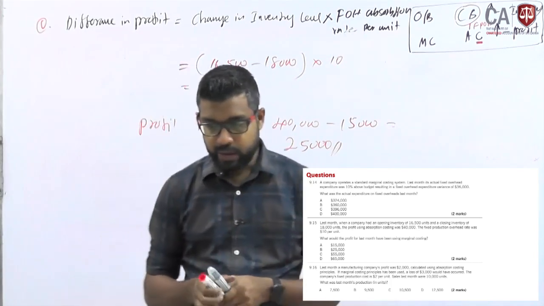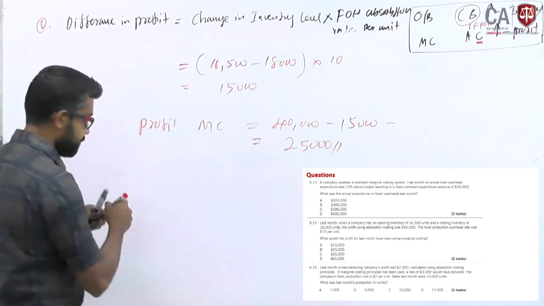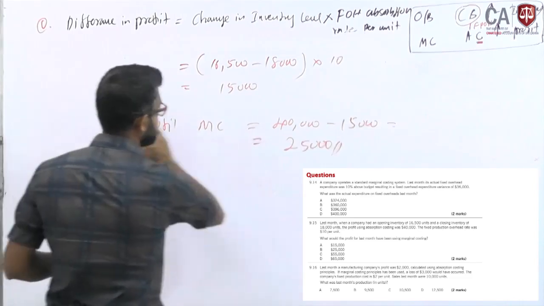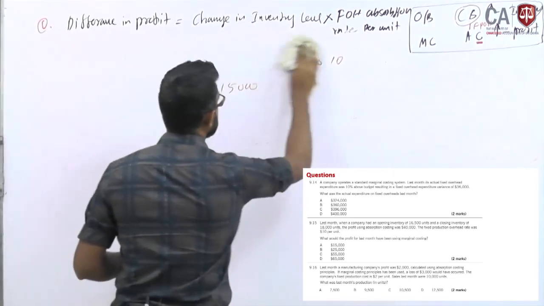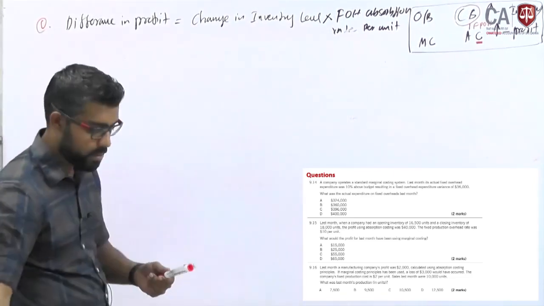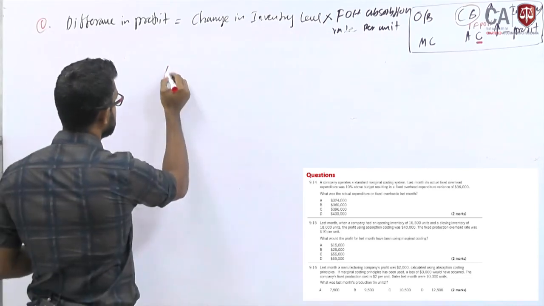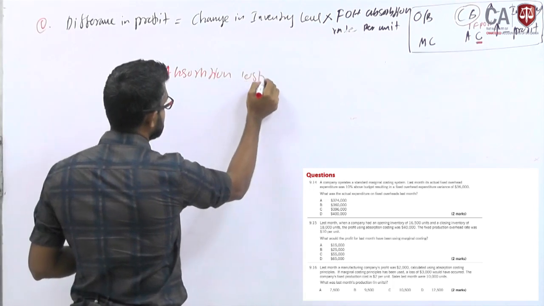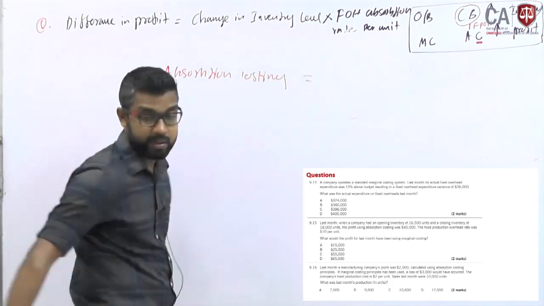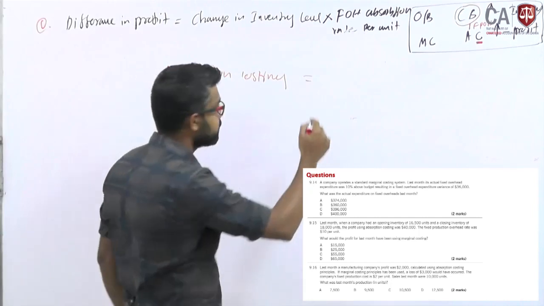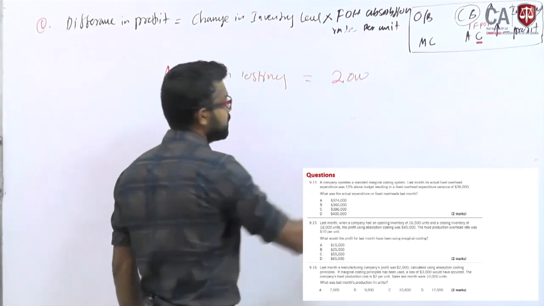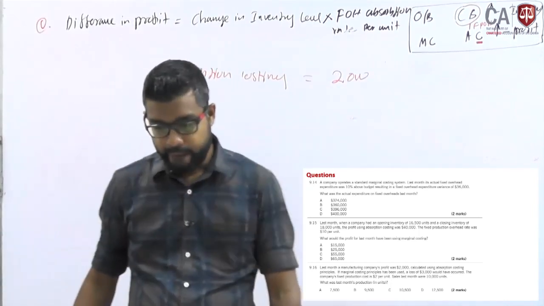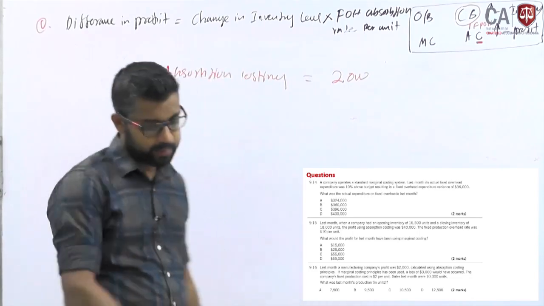Now, they have given absorption costing profit of $2,000 and marginal costing 3,000.